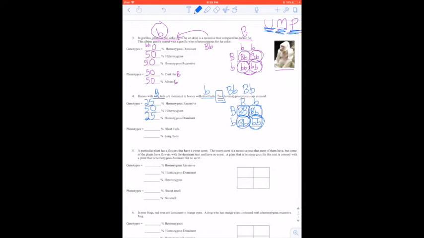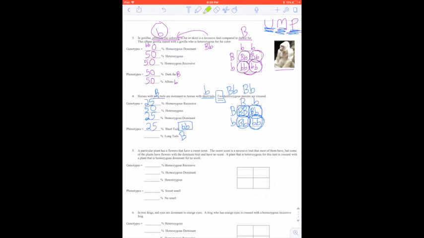Phenotypes, short tails were my recessive trait. Long tails were my dominant trait. I only have one box that would have a short tail, because remember, if you have a recessive trait, you have to have two lowercase letters, not just one. So that one box is 25% short tail.